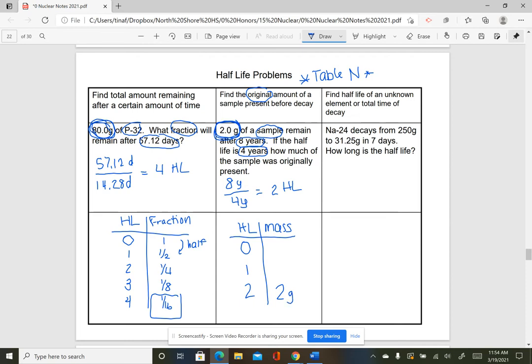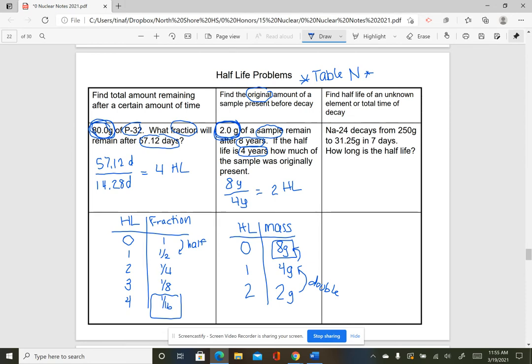So 2 grams is down here. This is different in that I need to work my way back up. So to go down my chart, I cut in half. How do I work my way back up? I want to double. So 2 grams came from 4 grams. 4 grams must have come from 8 grams. So that was the mass of my original sample. Okay.